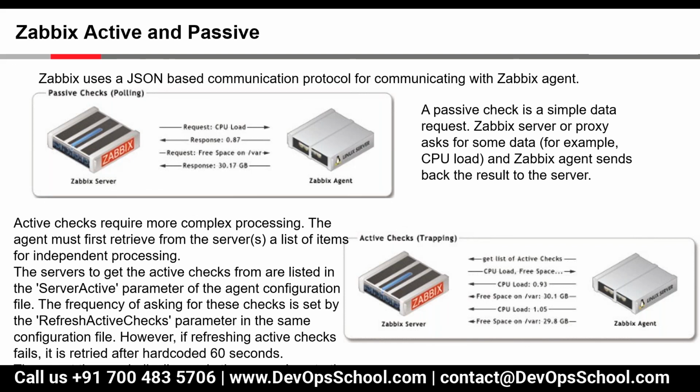So passive means the Zabbix server is requesting the data, asking the agent for a particular parameter or an item. So the Zabbix server raises a request, then the agent gives a response. So that is a passive way.